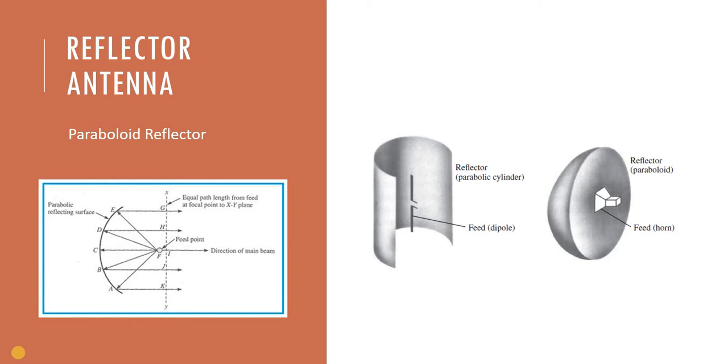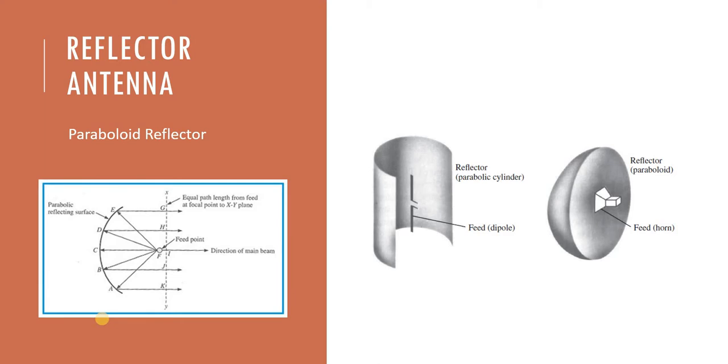In the left-hand side picture, it can be shown that, as in geometrical optics, if a beam of parallel rays, or parallel waves in electromagnetics, is incident upon a reflector whose geometrical shape is a parabola, the radiation will converge or exactly focus at a spot known as the focal point.